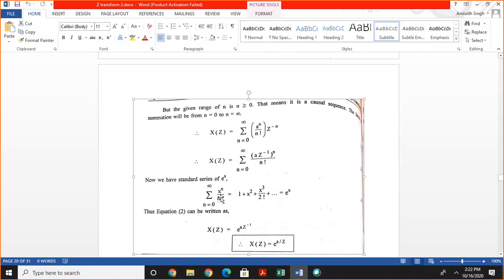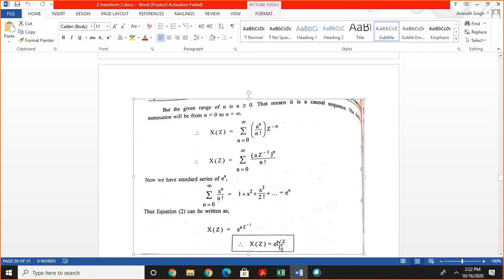So we can write this equation like this. And we know the standard series of e^x is given by this equation: the summation from 0 to infinity of x raised to the power n divided by n factorial is 1 plus x plus x squared divided by factorial 2 plus x cubed divided by factorial 3, and so on, which is equal to e^x.